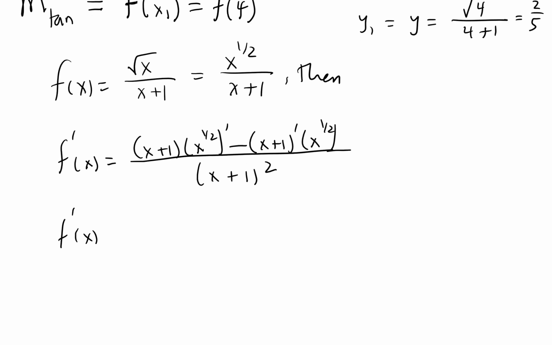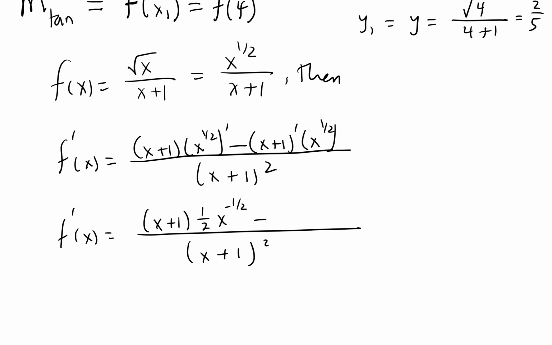Don't substitute in until you find the derivative. This stays the same. Bring the 1/2 down, x to the negative 1/2. Derivative of this is 1, and x to the 1/2, keep it as is. Then what we do, we can multiply.